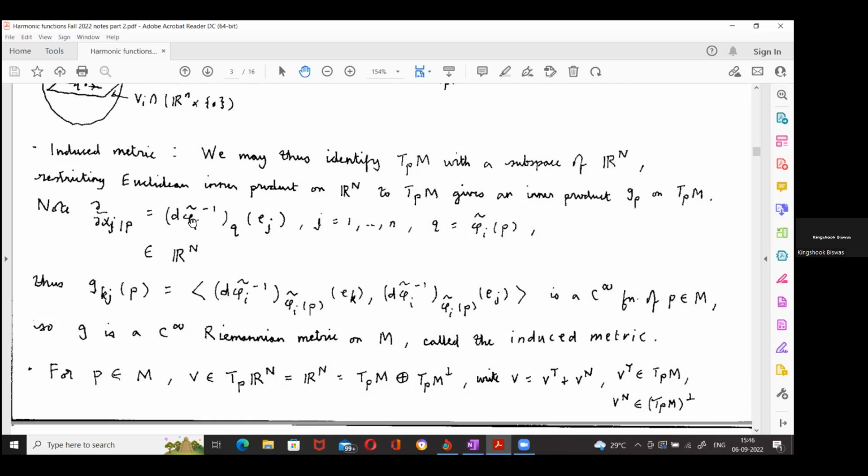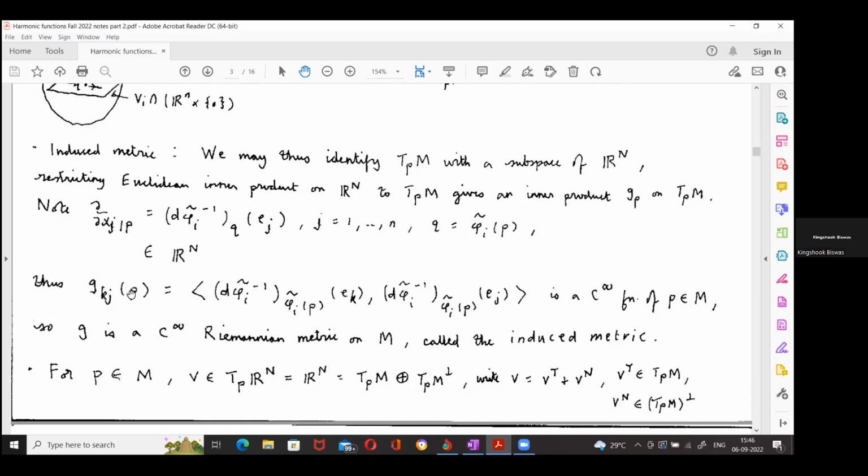Yeah, because d phi I tilde maps del del xj to EJ, right? So del del xj is just d phi I tilde inverse of EJ. Okay. So what are the coefficients of my Riemannian metric?